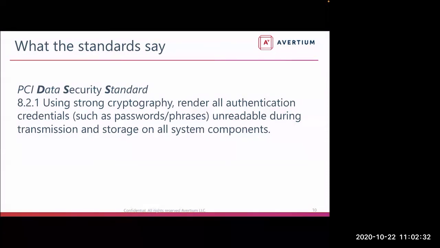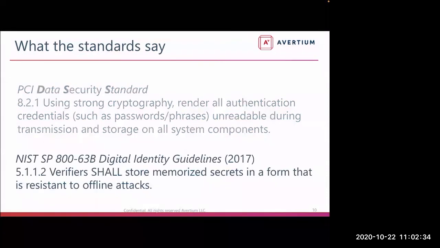So the other one is NIST. Now, NIST had standards dating back to the early 2000s, which had all kinds of password advice, which has significantly changed. And so I actually recommend that if you get a chance, you take a look at this 4-part document.